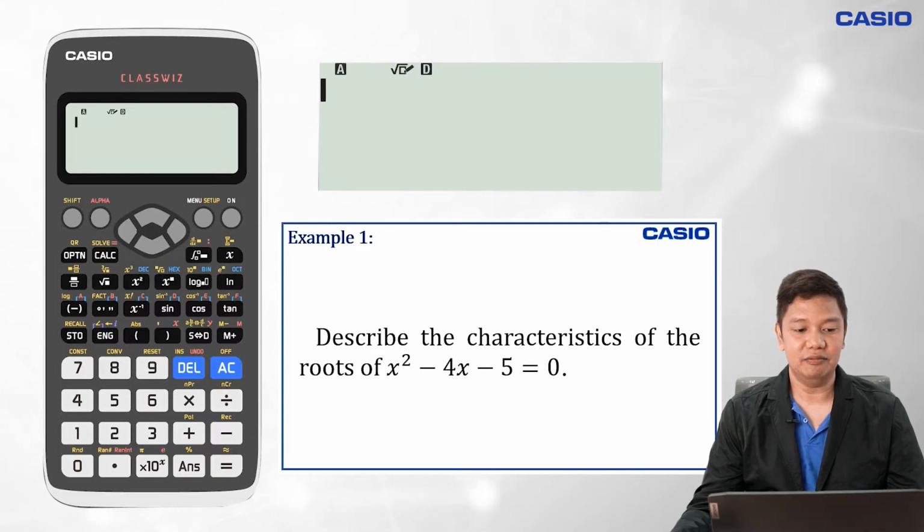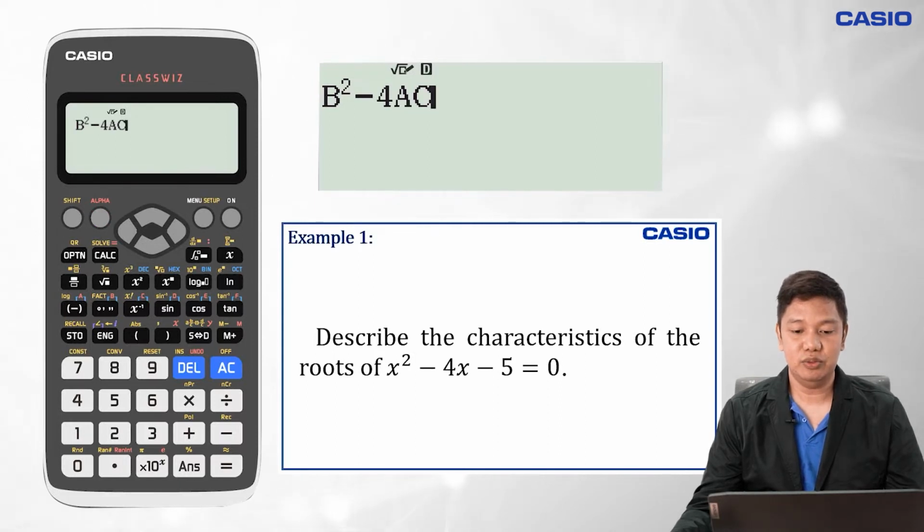We need to press alpha and then the degree minute second button for the variable b, and then squared, minus 4, and then alpha and the negative sign for the variable a, and then alpha again, and then the inverse key for c. We have now b squared minus 4ac.